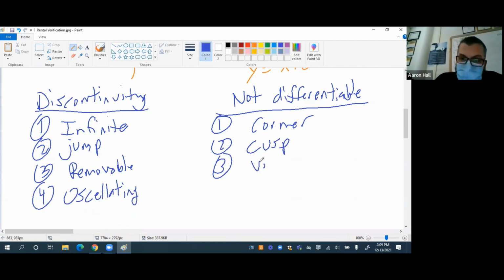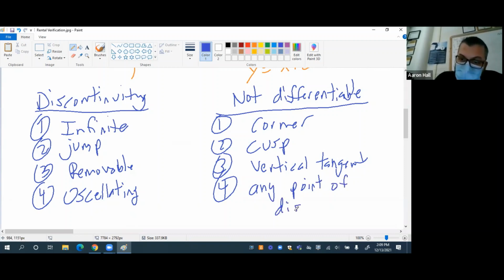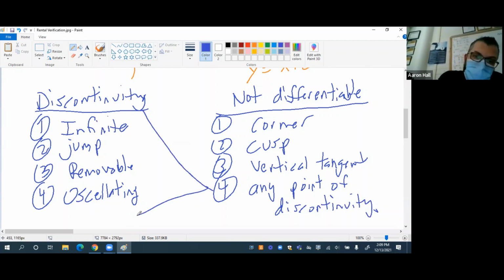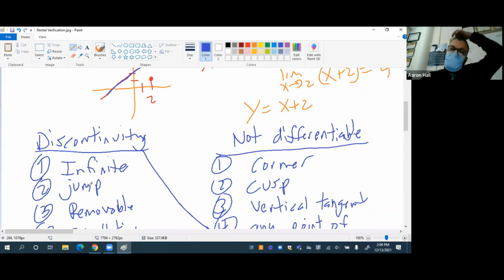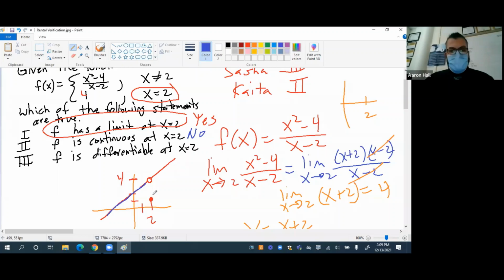A vertical tangent. And yeah, any point of discontinuity, which is all of these over here. So is it differentiable? And why not? Yeah, it's because of discontinuity. Yep, we have a point of discontinuity. So the answer to this is no.